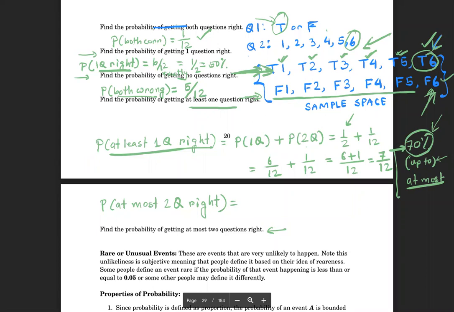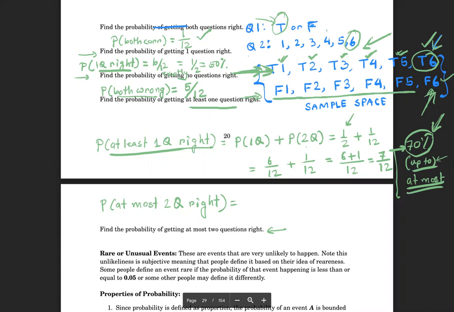The trick they use here is to take advantage of you, let's put it that way. So up to or at most, up to or at most. It's exactly like this.